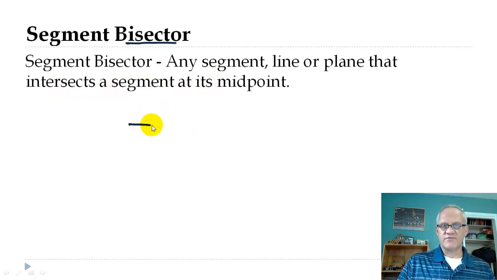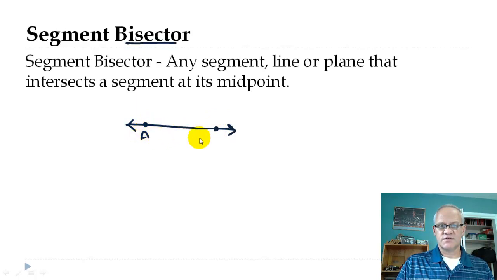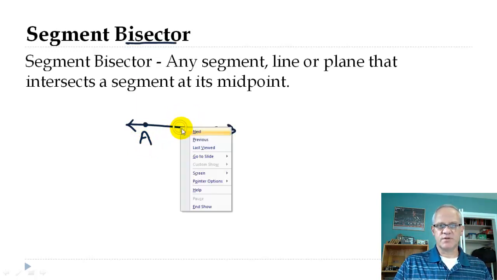So for example, I'll draw a line and I'll make a segment on it. Here's AB. So we've got segment AB, right? This looks like it's probably about the midpoint right here.